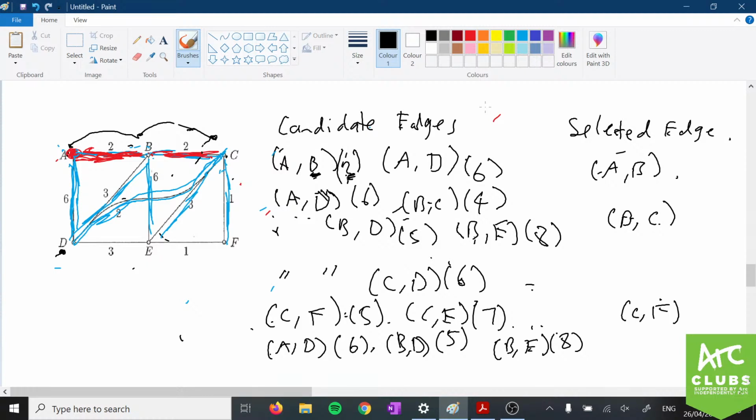Why do you write, like in the second step, why do you write... For the second step, you mean when we selected BC? Because it's a candidate edge.